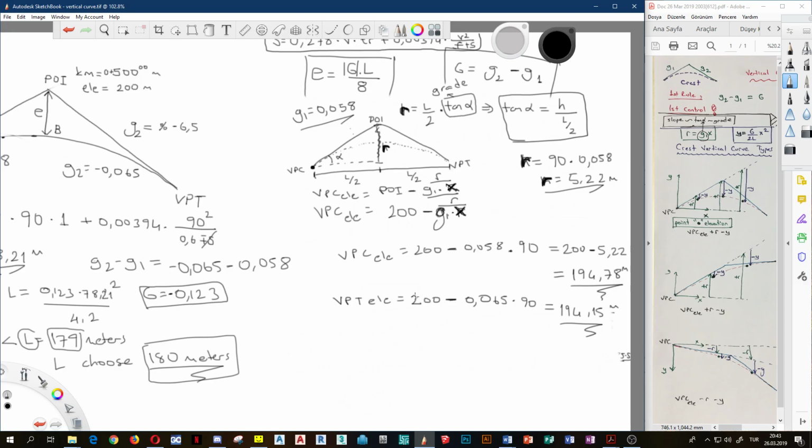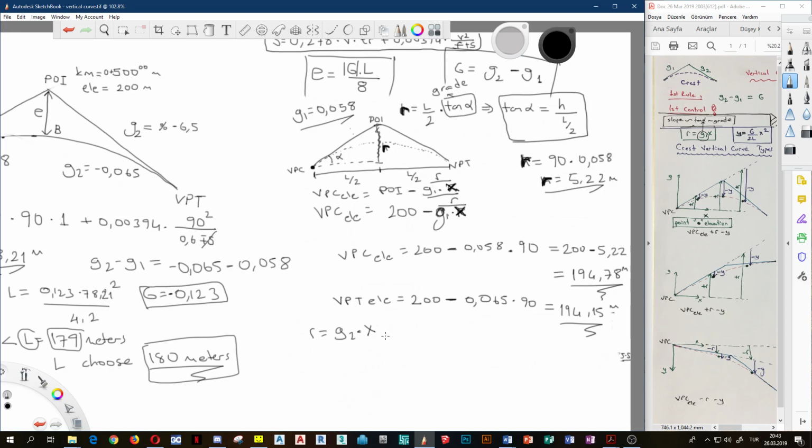And again, same formula. If you go through 90 meters on the horizontal way, your elevation decreases 5.85 meters. What is that? It is equal to G2 times X. What is the X?